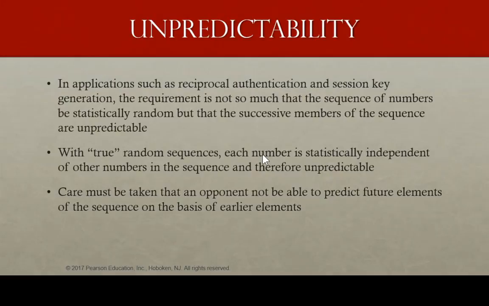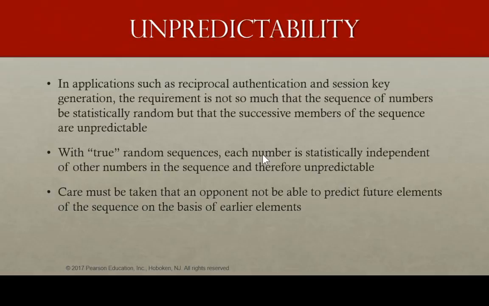Unpredictability. In applications such as reciprocal authentication and session key generation, the requirement is not so much that the sequence of numbers be statistically random, but that the successive members of the sequence are unpredictable. With true random sequences, each number is statistically independent of other numbers in the sequence and therefore unpredictable.